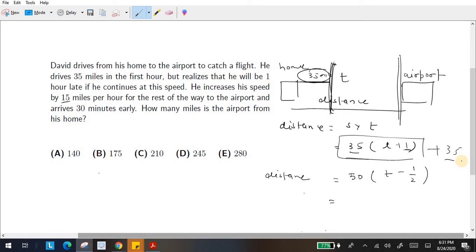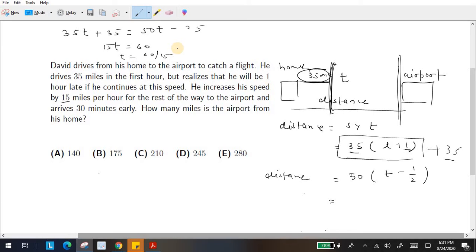Okay, so we get 1710 equals 15x, and then 1710 over 15. Wait, let's just calculate. 1710 over 15 is going to be 114.